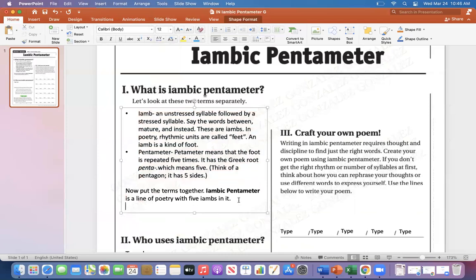Okay, so it has this kind of rhythm, and when I type this out, I'm going to put it in italics, right? So it goes da dum, da dum, da dum, da dum, da dum. So we're going to write that out.